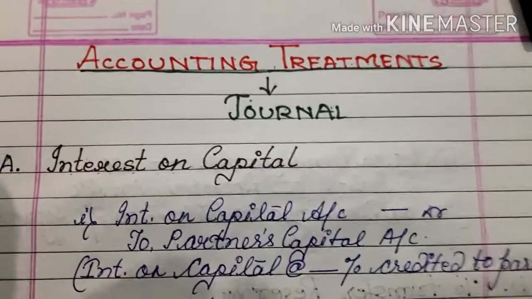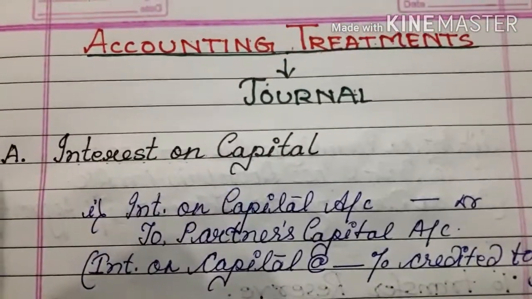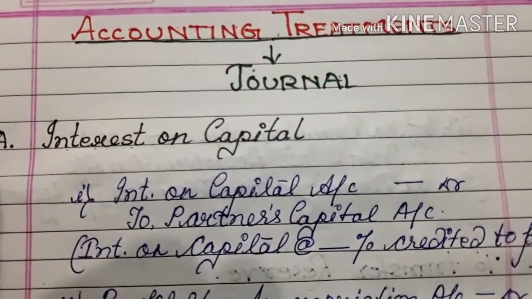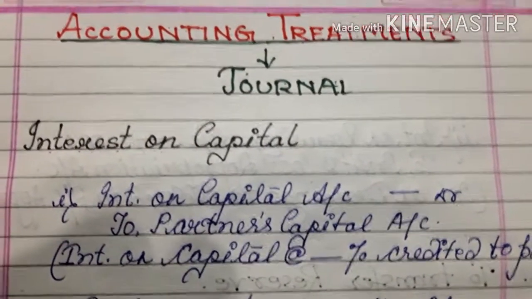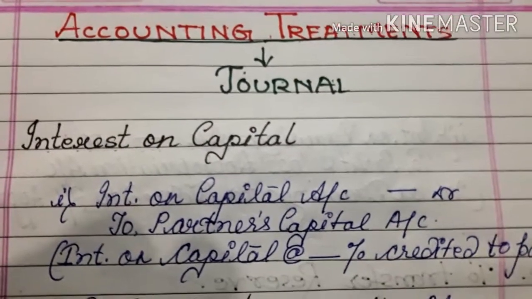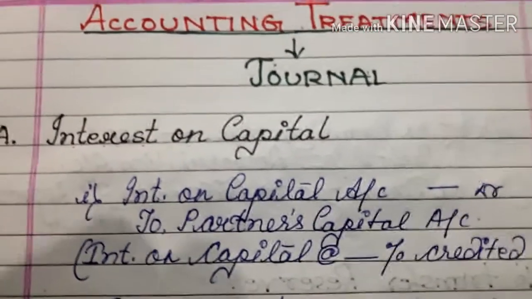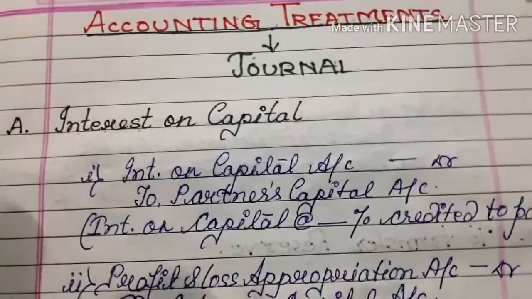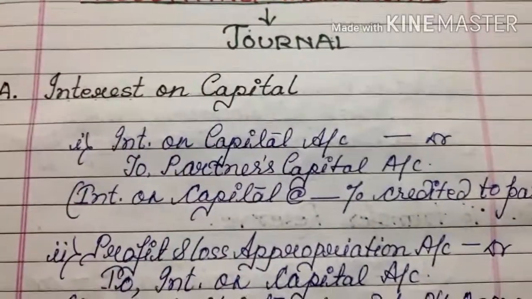Now friends, let us come to the accounting treatment, that is, the journal for the profit and loss appropriation account, because the basic of any account is the journal. Now first of all, let us see what journal will be prepared for interest on capital.